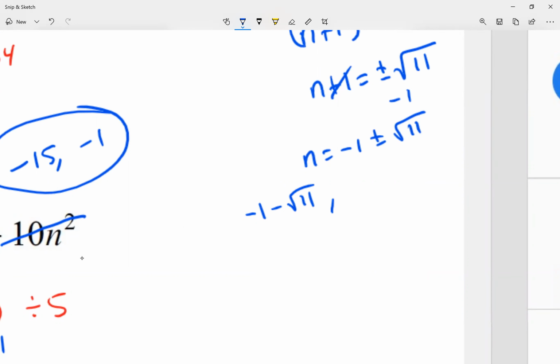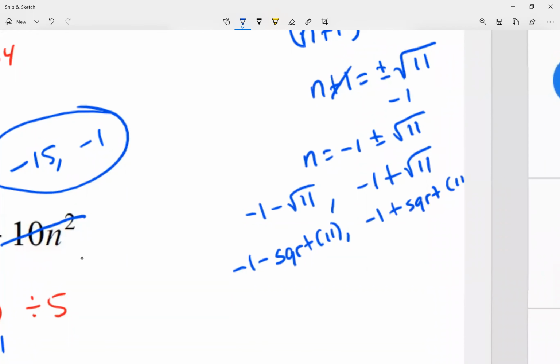My second answer, negative 1 plus square root of 11. If I was to write it on paper, that's it. If I'm going to type it, negative 1 minus the square root of 11, and then negative 1 plus the square root of 11.